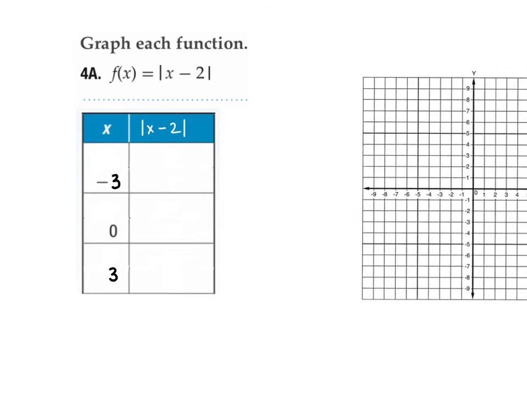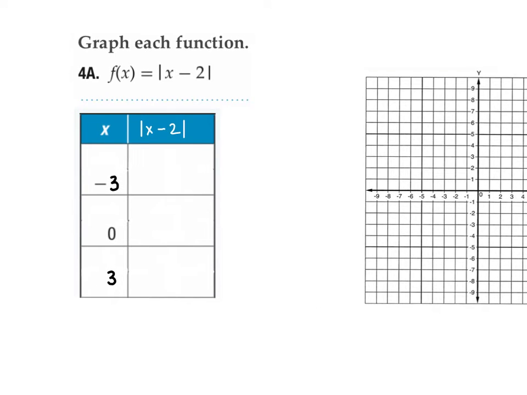So here, our function is the absolute value of x minus 2. So now we're going to plug in -3, 0, and 3. So it doesn't matter what numbers we plug in for x, we can just plug in any numbers and find points in our graph.